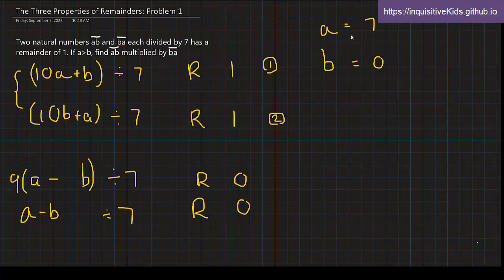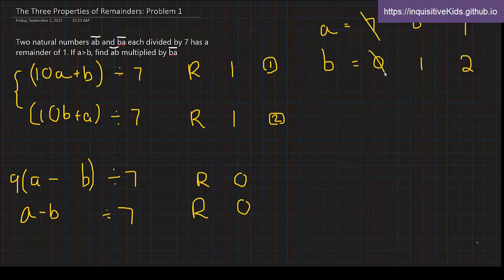Remember, A is greater than B. Or A is equal to 8, B is equal to 1, or A is equal to 9, and B is equal to 2. So of course, right off the bat, we know that B equals 0 is not possible, right? Or else this wouldn't be a two-digit number. You can't have 0 in the greatest place value of any number. So this gets crossed out.